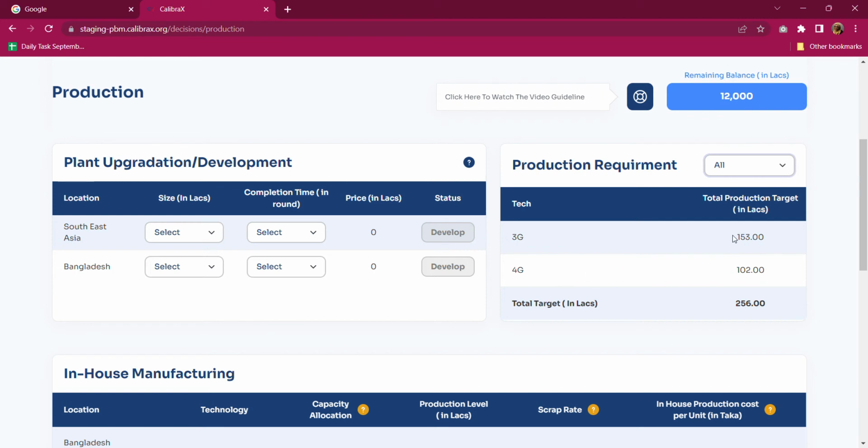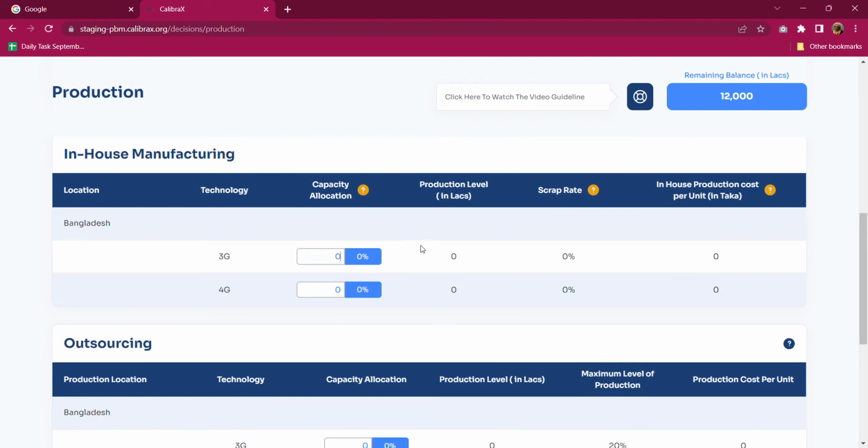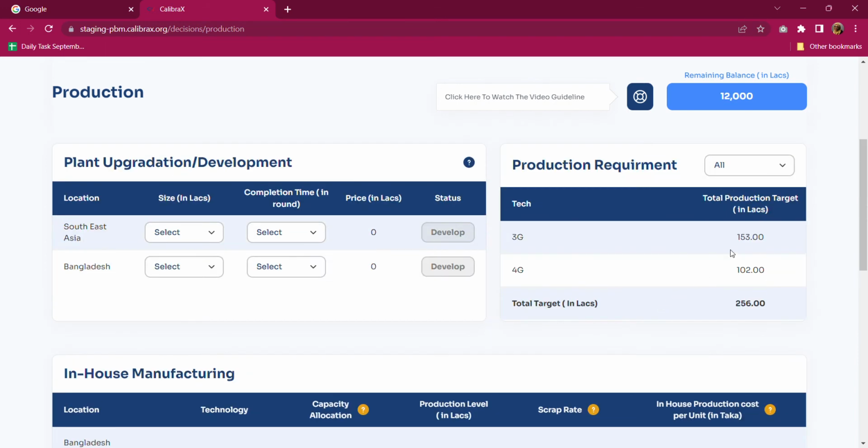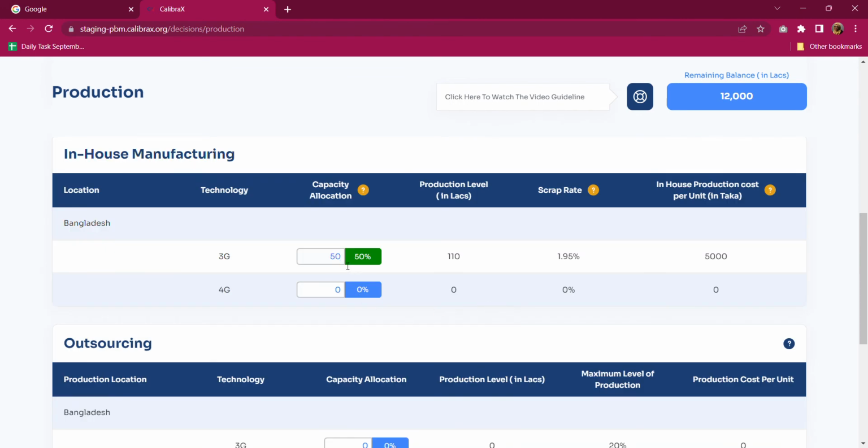Here for 3G it is 153, so I am going to produce it. If I input 50%, the market production level is 110, but our total production target is 153. So I am increasing it by 20% extra, and this is 154.